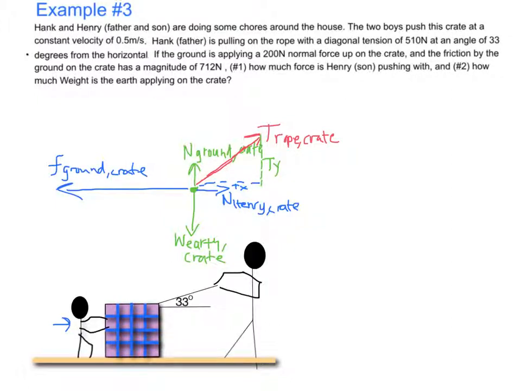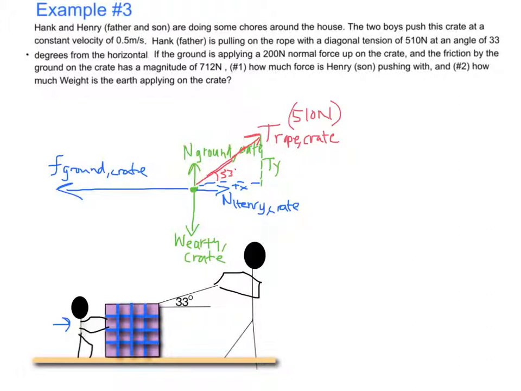So now that we've drawn our free body diagram, we can start to find the components of this diagonal force, because that's going to be really helpful when we go back to solve. So this angle was 33 degrees, and the tension was equal to 510 newtons. Using trigonometry, we can find Ty and Tx.